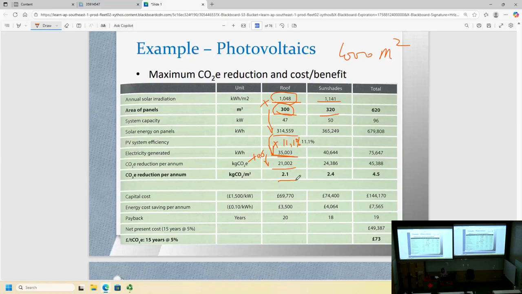And we can calculate the simple payback period, and we can also calculate the net present cost, just like what we have done for the solar thermal collector, and the cost can be calculated per every ton of carbon dioxide reduction. I know that the calculation is a little bit complicated and maybe tedious, but this is a way for us to justify which strategy is more cost effective.